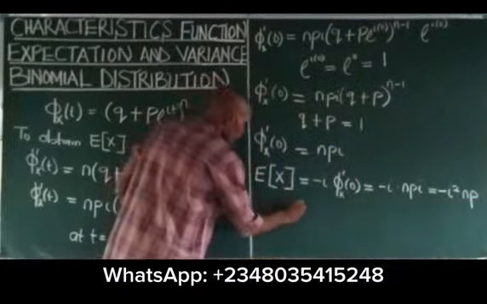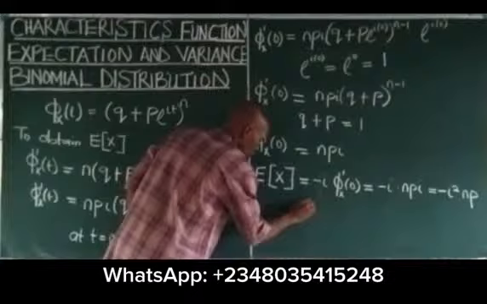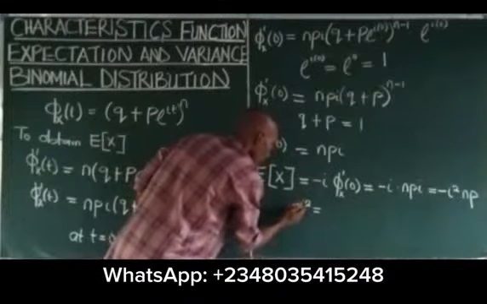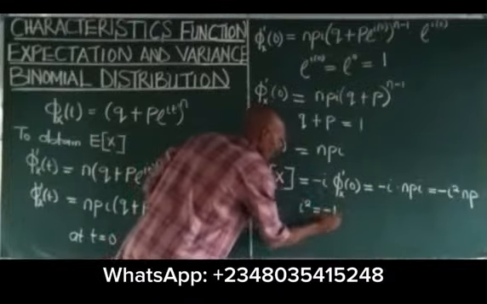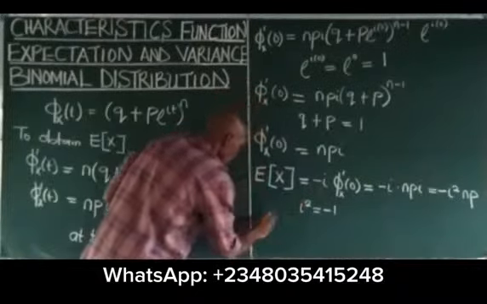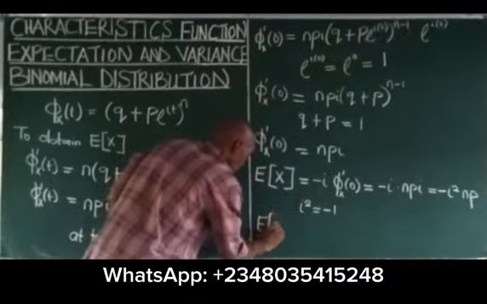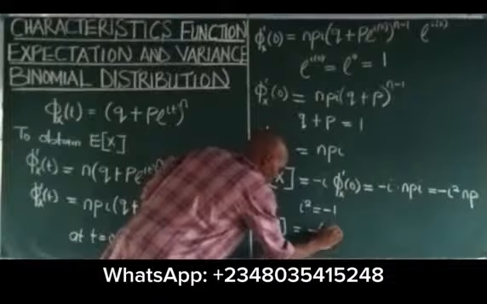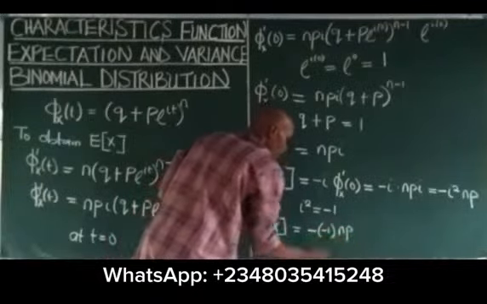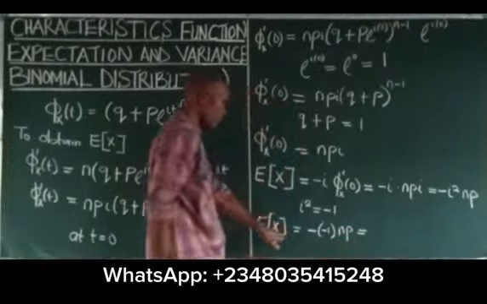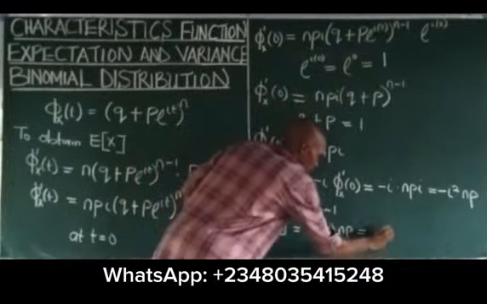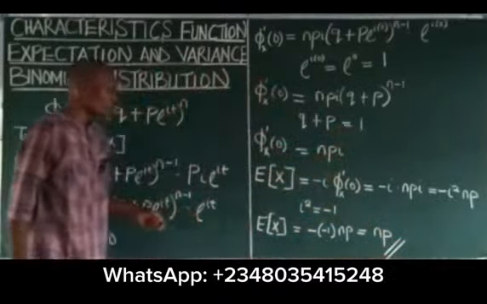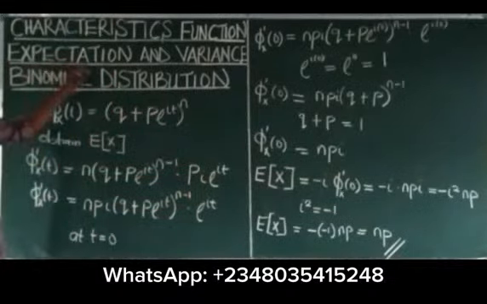Of course, we know that i squared is equal to negative 1. So we have that our expected value of x is equal to negative minus 1 multiplied by n p. So it then means that our expected value of x is equal to n p. We also need this when we are calculating the variance. So we have succeeded in obtaining the expectation of x.